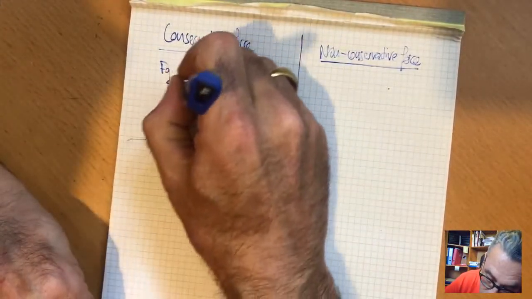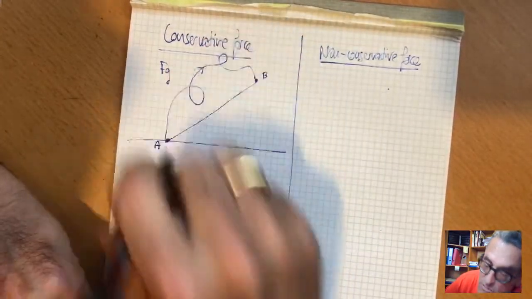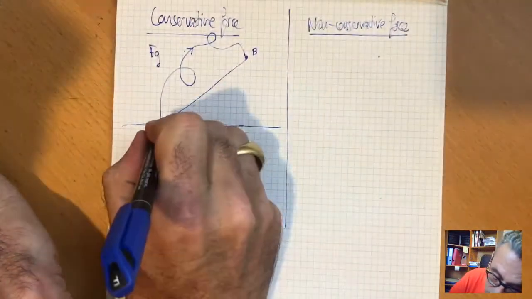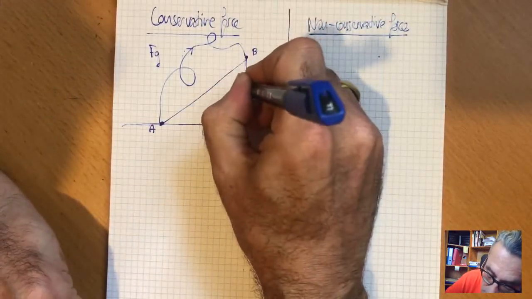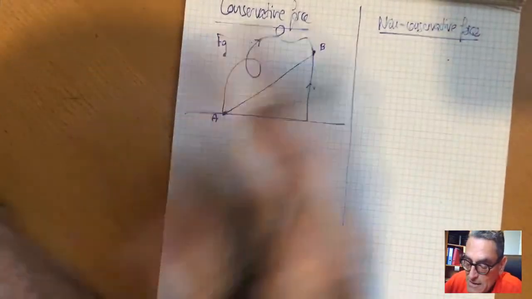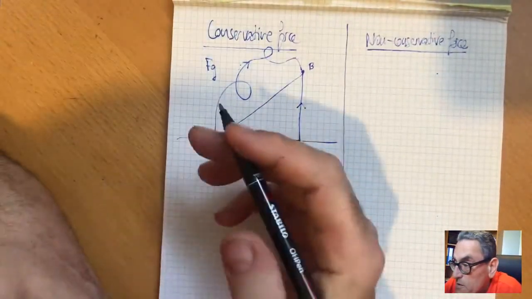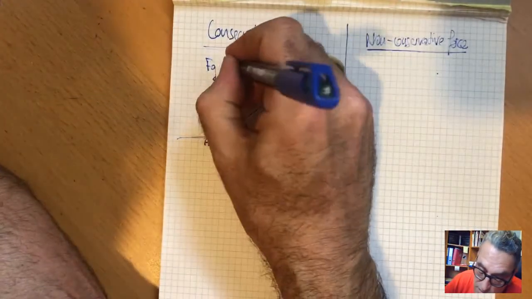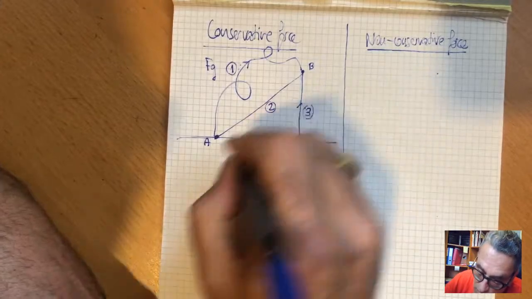We can go like this. And we can go like this. With every one of these motions there will be some work associated. So let's say this is path 1, this is path 2, this is path 3.